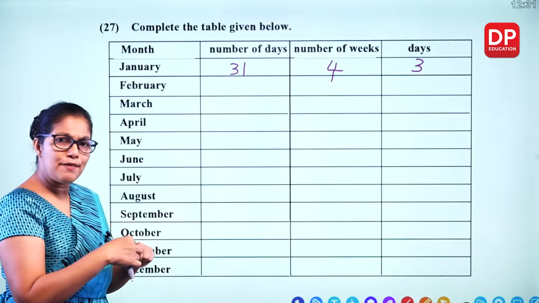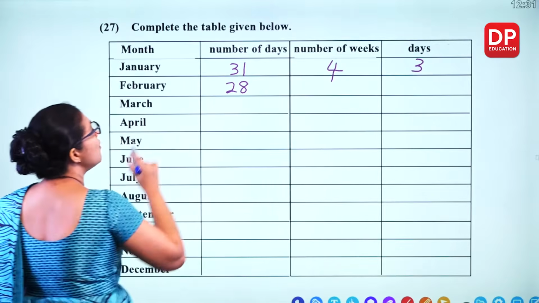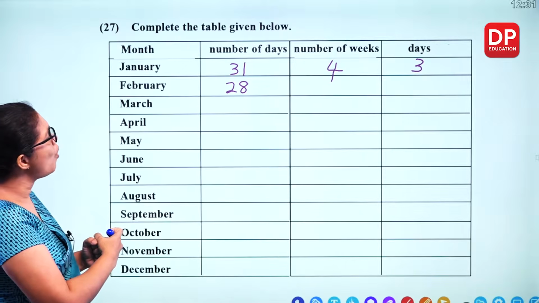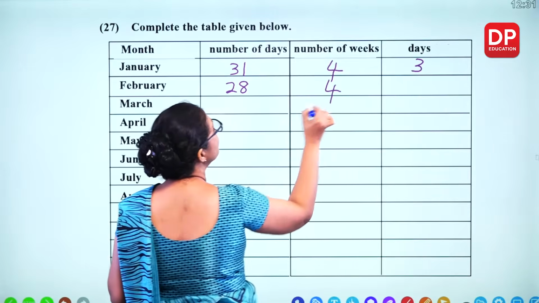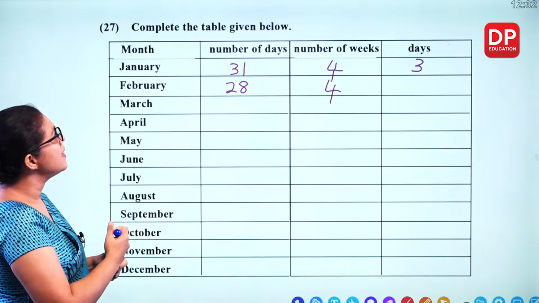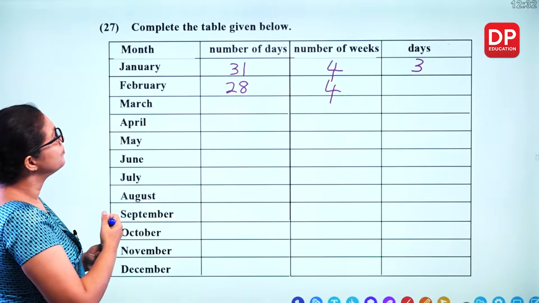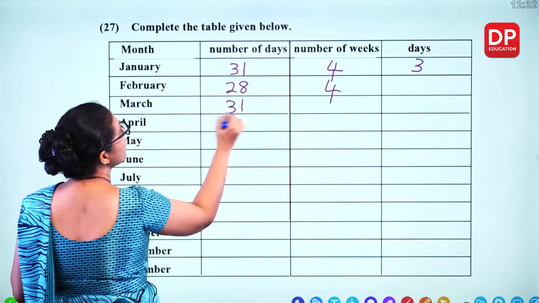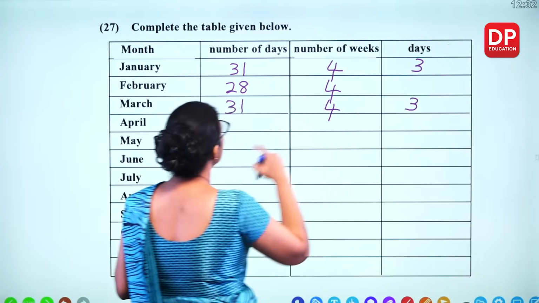February. Normally February has 28 days. Only for a leap year, we take it as 29. So how many weeks? 4 times 7, so 4 weeks. Exactly divisible. So 4 weeks and no extra days. March, again 31. So this 31 means 4 weeks and 3 days.